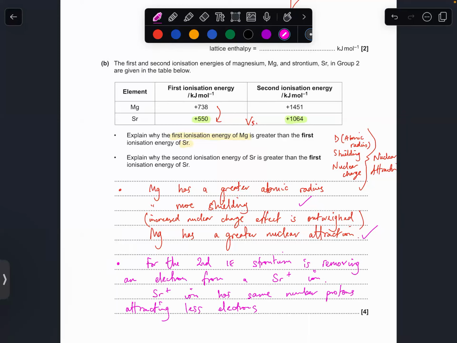So the proton-electron ratio in the strontium plus ion is going to be greater than the atom. And that's why it's going to have a greater nuclear attraction.